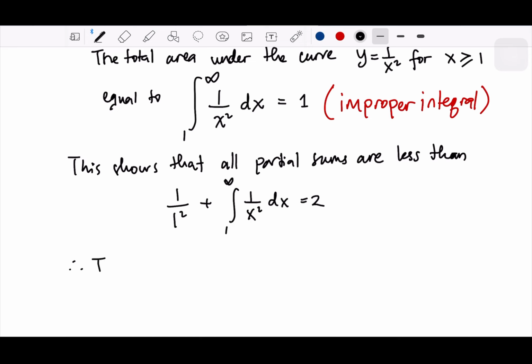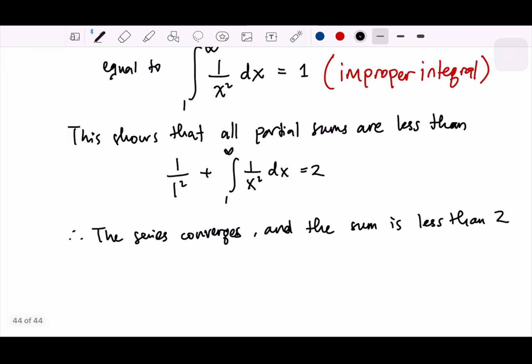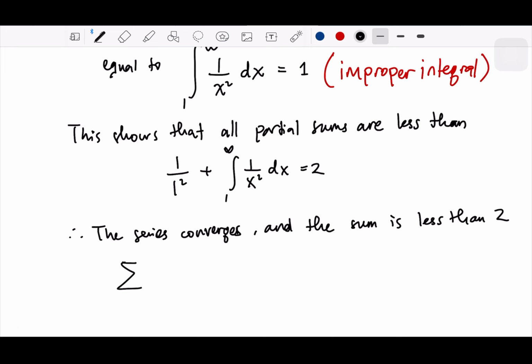So the series converges, and the sum is less than 2, or we can write in terms of the series that the sum will be less than 2.